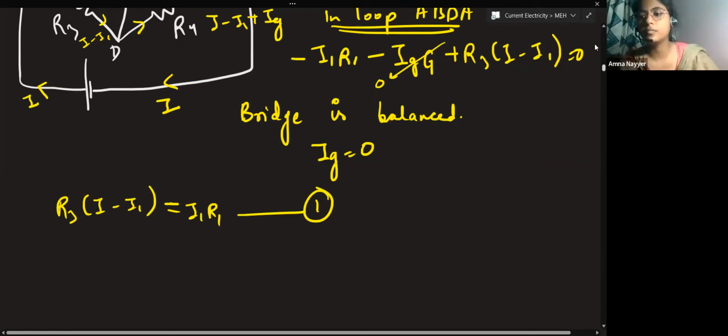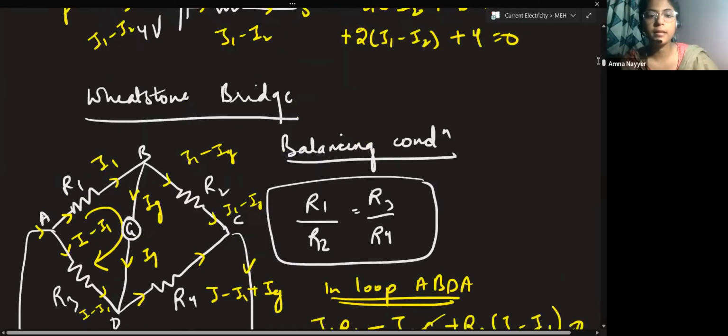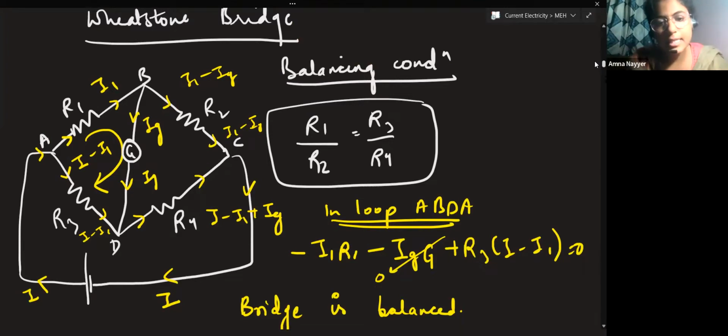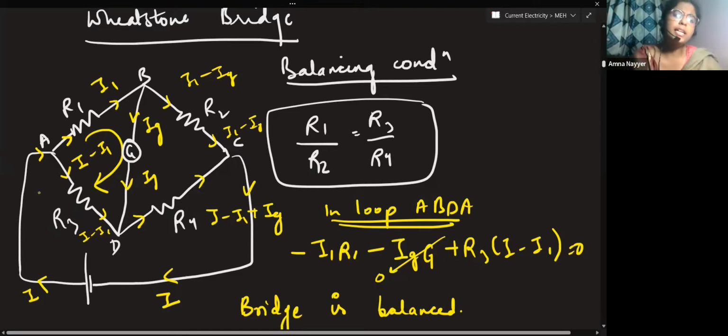Now the second loop we have to consider. The second loop is what? BCDB. All right, that is written as BCDB. So let's take clockwise again. Can't take anywhere now. Answer will be the same.